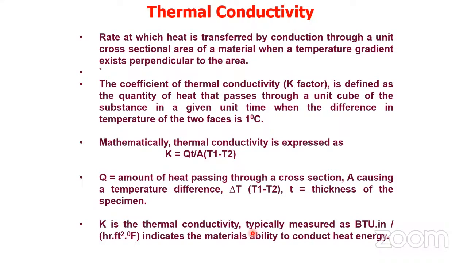The formula is given here, in which Q is the amount of heat passing through a cross section area A, causing a temperature difference delta T, which is T1 minus T2. These are the two surface temperatures of both surfaces, like the front surface and back surface of that surface area or that cube.